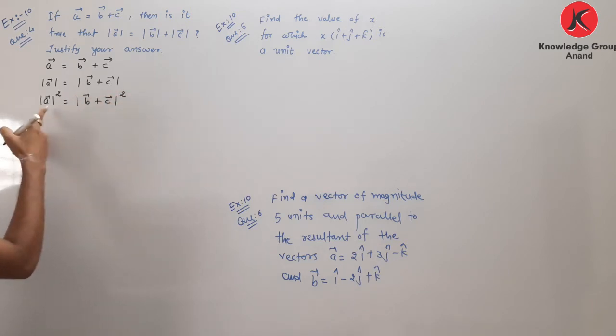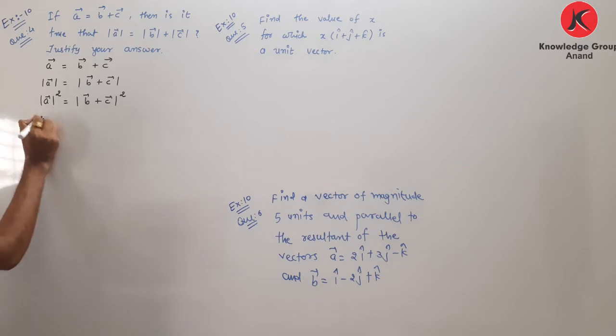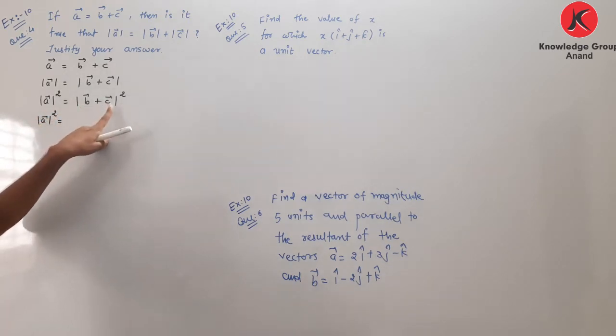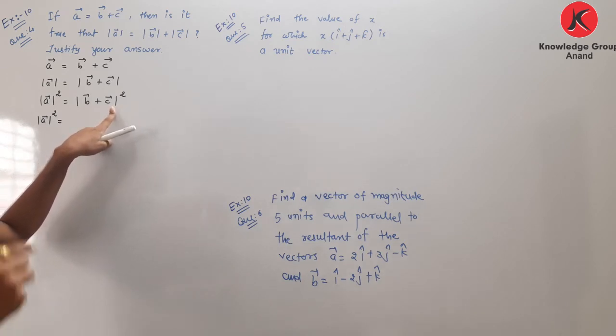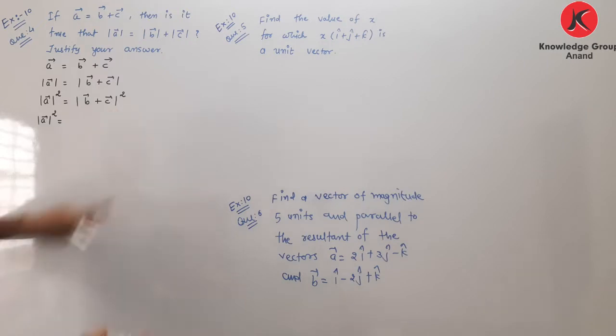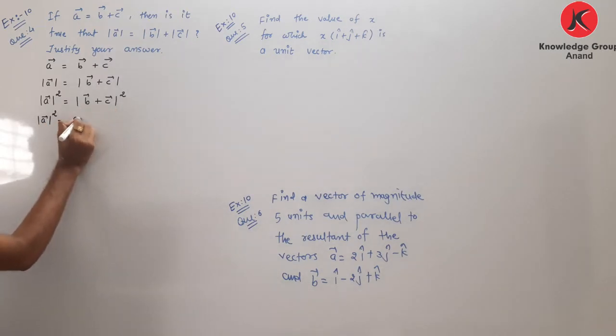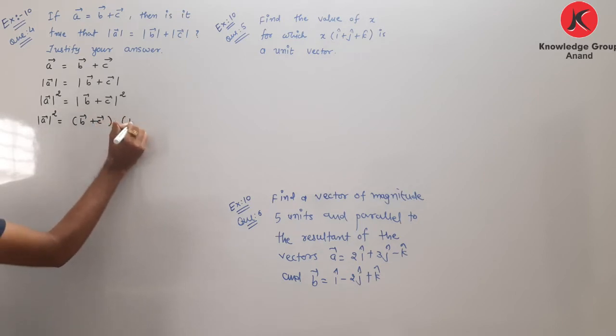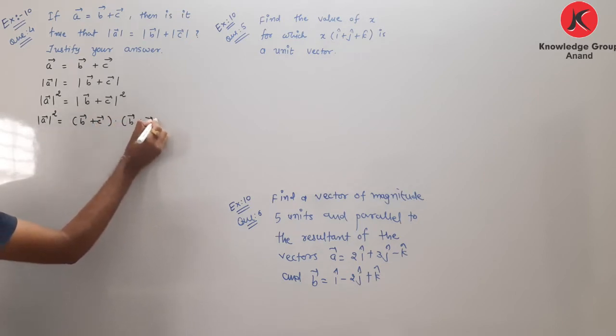Now we know that modulus of vector A square equals modulus of B plus C, that means (B bar plus C bar) dot (B bar plus C bar). This can be written as vector B plus C dot vector B plus C here.